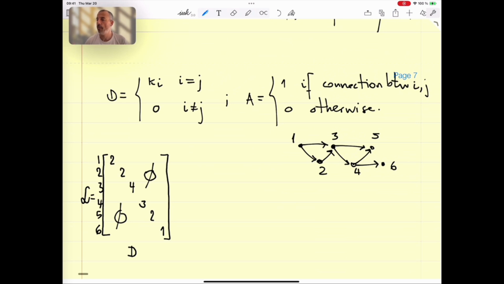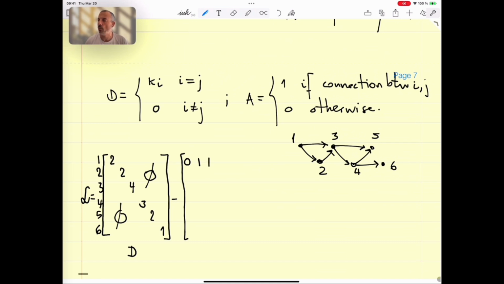All right. Minus, we take now the adjacency matrix, which is, does 1 have a relationship to 1? No. That's why we put a 0. Does 1 have a relationship to 2? Yes. We put a 1. Does 1 have a relationship to 3? Yes.